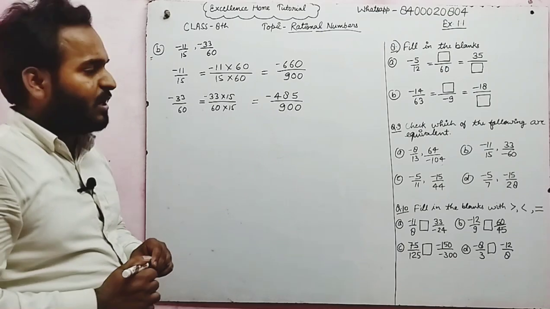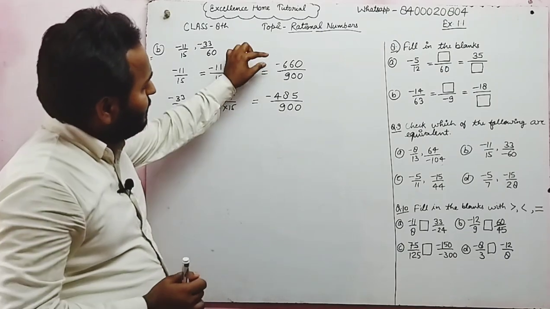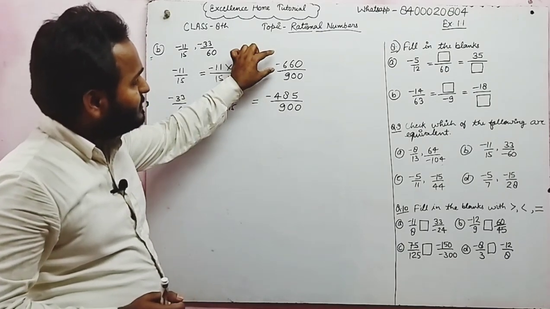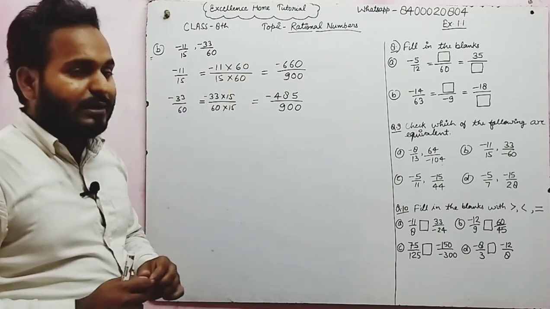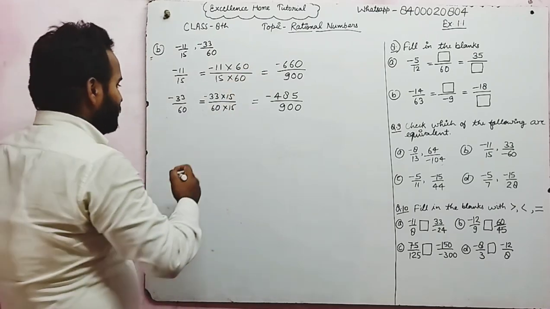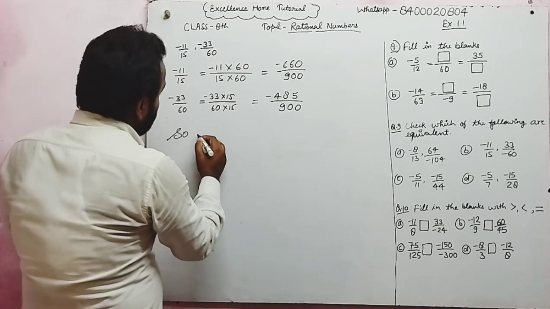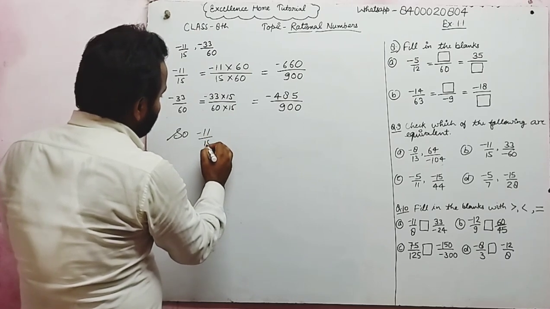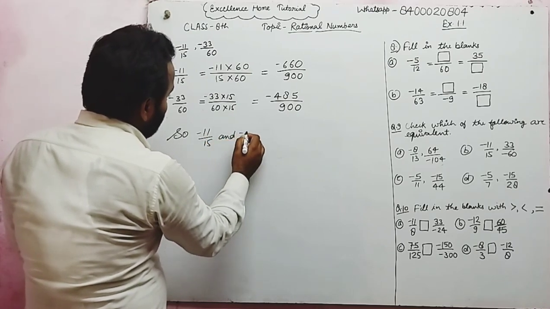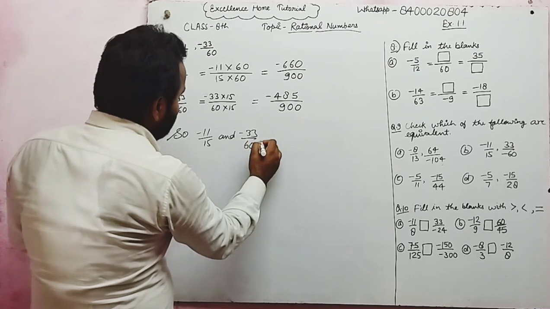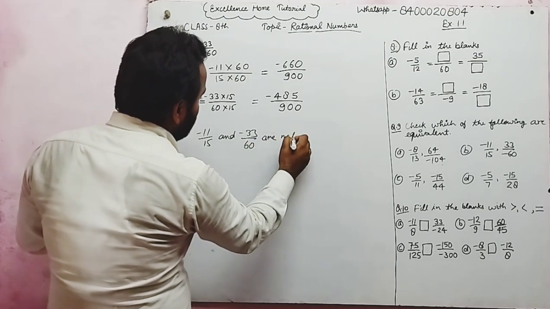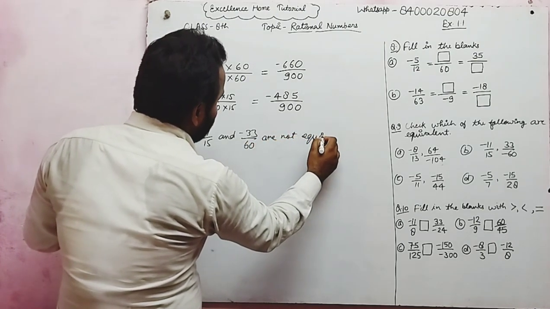Here we are observing that minus 660 and 480 are not equal. So minus 11 by 15 and minus 33 by 60 are not equivalent.